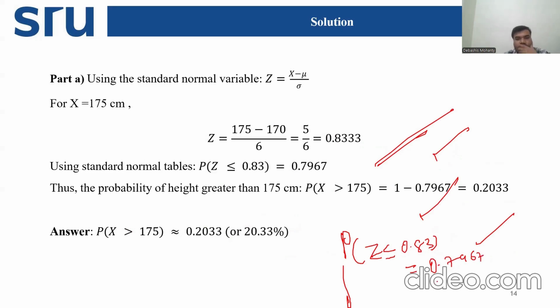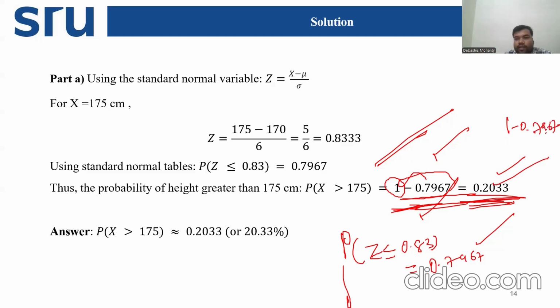After getting this value, because we are calculating greater than 175 centimeters, we need to subtract it from 1, because the total area of the curve is 1. So 1 minus 0.7967 gives 0.2033.